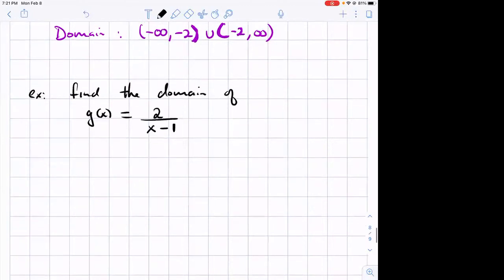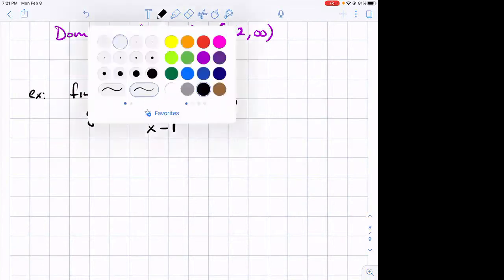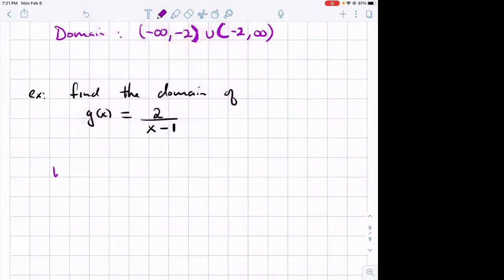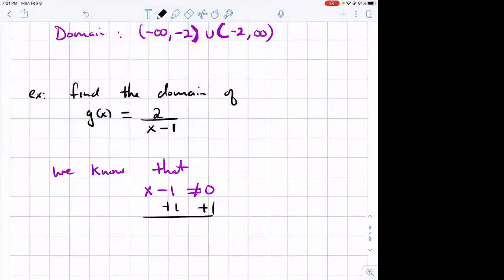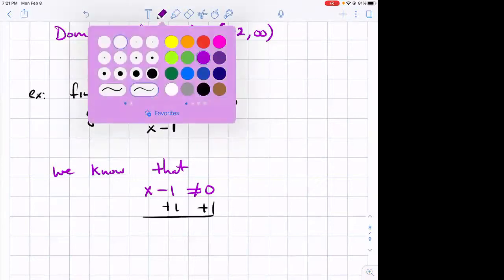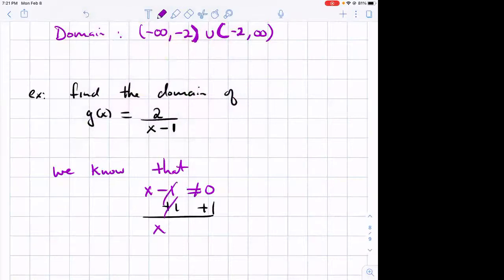Well, I want you to get into the habit of at least trying what I'm doing right now, because sometimes you wouldn't really be able to see it. So we know that x minus 1 cannot be equal to 0. And by solving this for x, we see that x cannot be equal to 1.